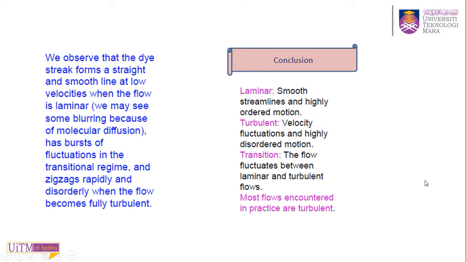Laminar flow is very rare, because the velocity is very low and it's not helpful in a piping network. We want the flow to be at high velocity, not low velocity. So that's why we normally encounter turbulent flow.